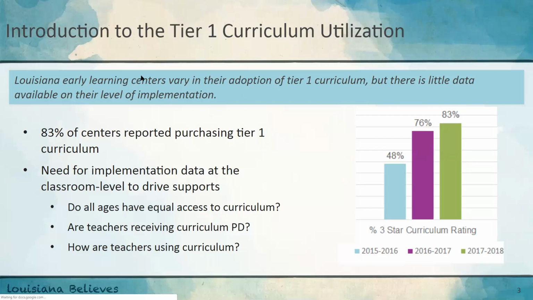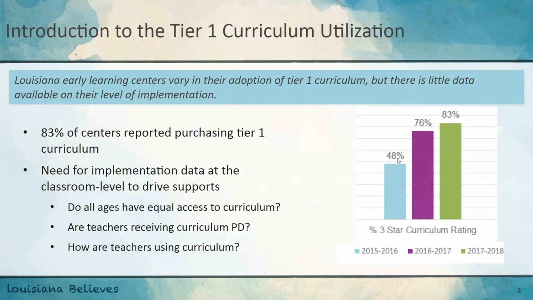What we're currently using, we know that with our adoption of Tier 1 curriculum, there's little data available about the implementation of that curriculum. We know that steadily rates have risen for the Tier 1 curriculum purchases of our early child care centers.